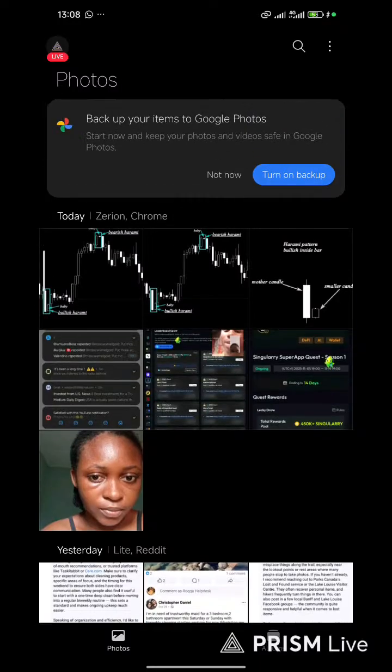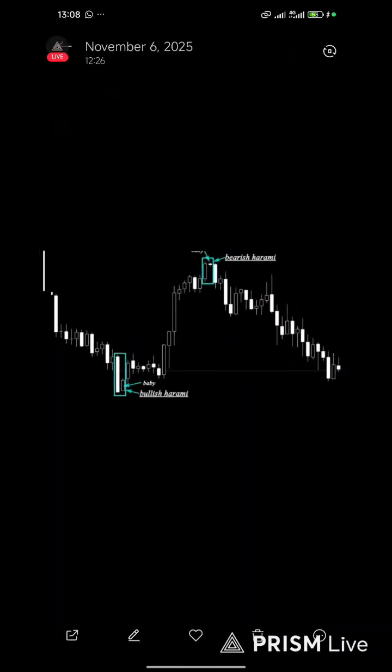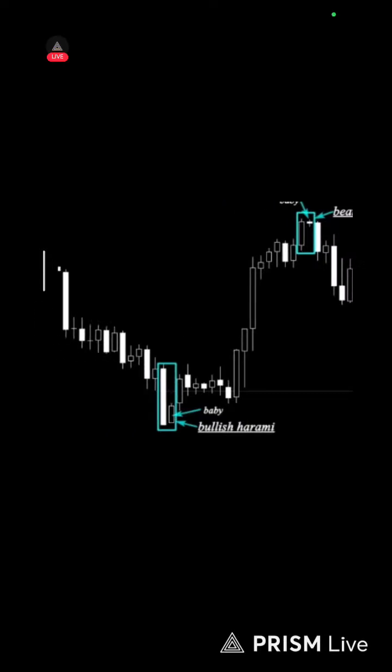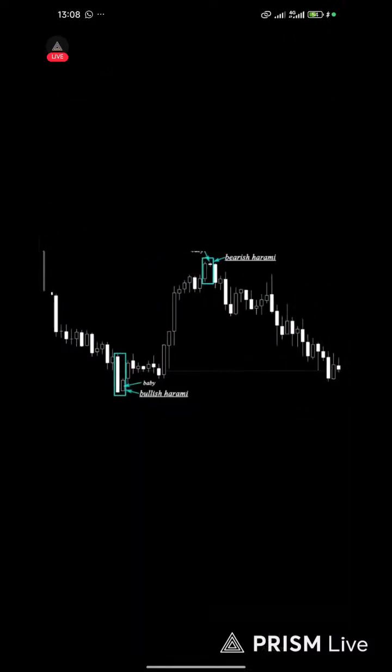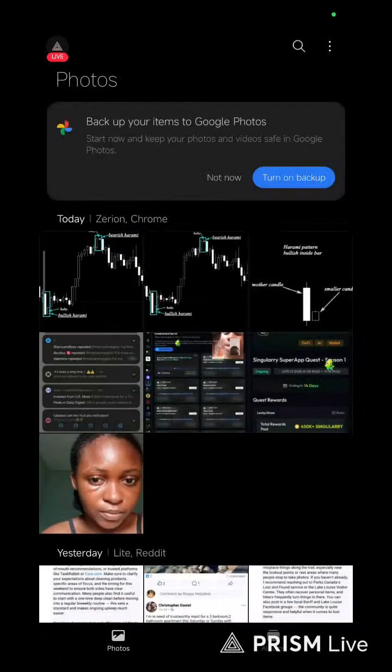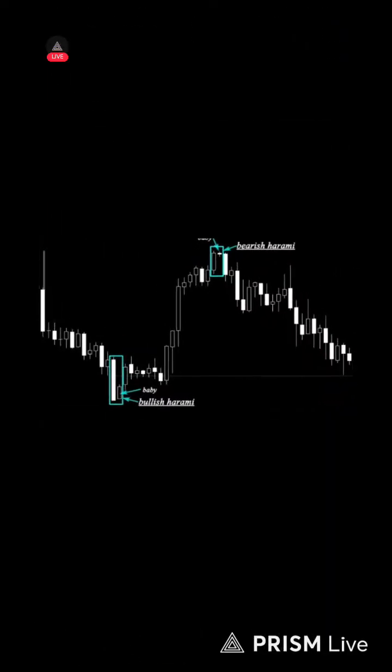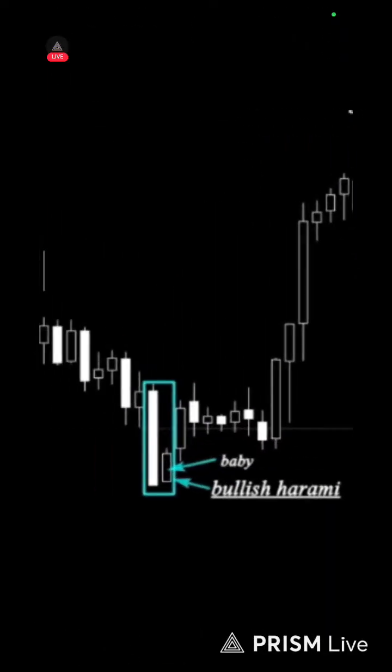First of all, this is what we are looking for right now. When we come back in the next class, in our next tutorial, we are going to talk about the bearish. But for now, let's go to the bullish.